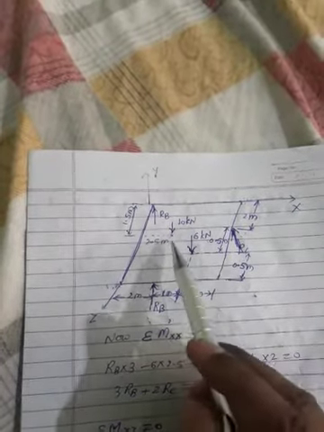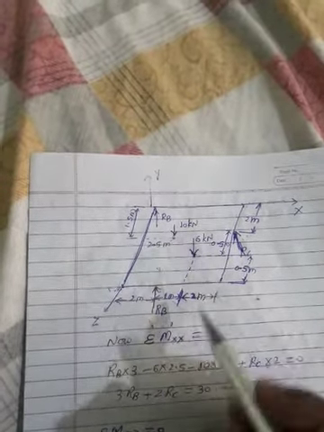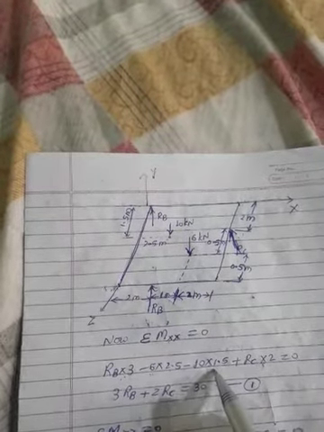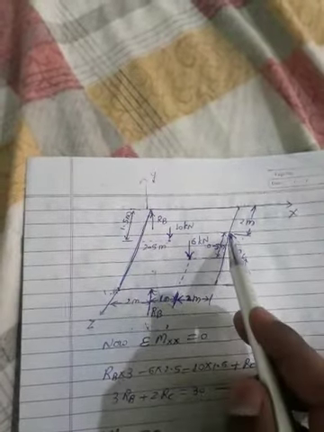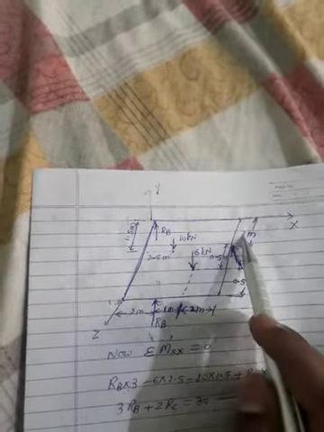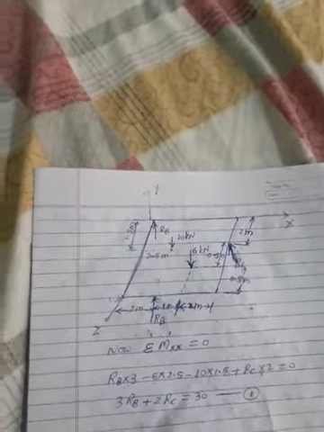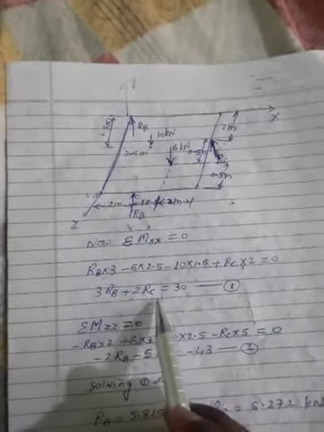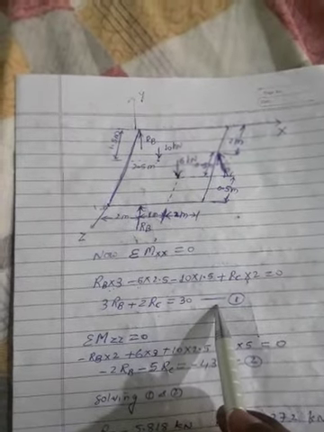Next the 10 kilonewton load will rotate anti-clockwise, with distance 1.5, so minus 10 into 1.5. Next RC, with the arrow upward, will rotate clockwise, so RC into distance 2 meter, RC into 2. After simplifying, you will get 3 RB plus 2 RC equal to 30, which is equation 1.